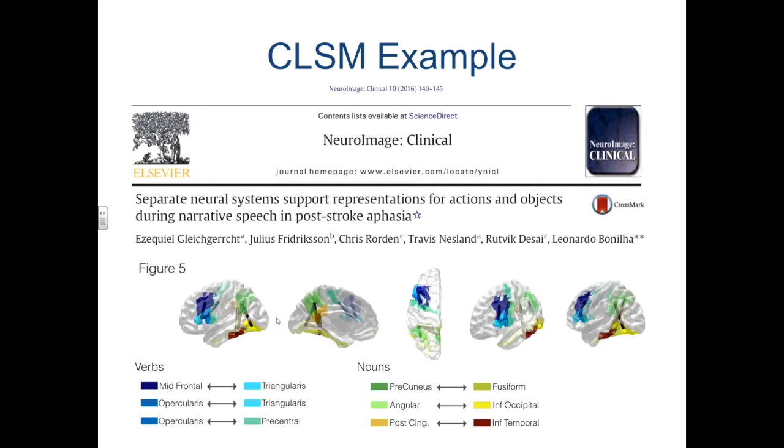For the online people, I have to use my cursor. Hopefully you're seeing, as I move my cursor here, that there's a frontal network, more dorsal, that involves frontal structures that supported the production of action naming, the naming of verbs, whereas we showed that connections that involved structures in a more posterior ventral network supported the production of nouns.